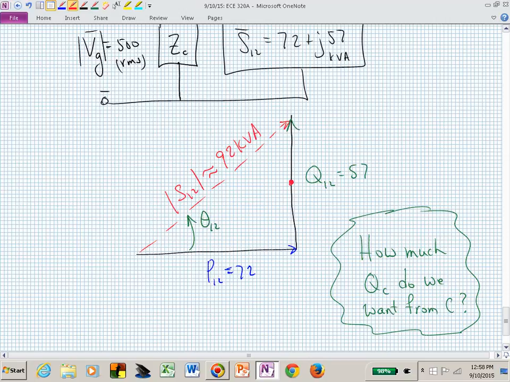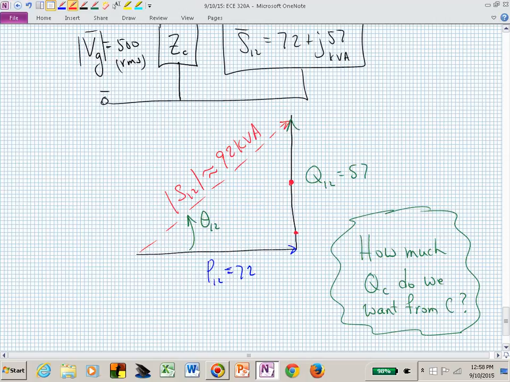Is that clear? Or maybe somebody says, if we get it within 5 degrees, we won't have a surcharge from the power company. So let's now invest enough in this capacitor bank to bring that angle down to be 5 degrees.